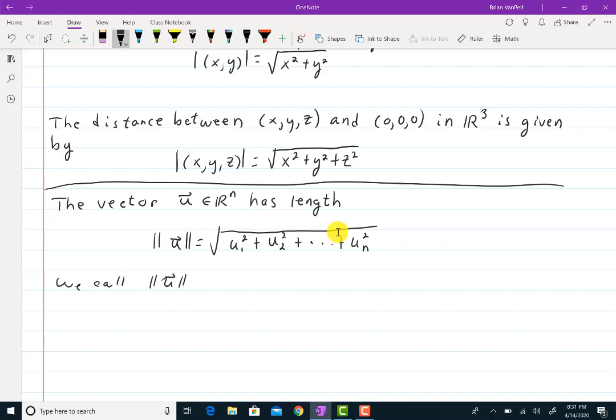We don't call this the length of u, although it is the length of u; we call it the norm of u.